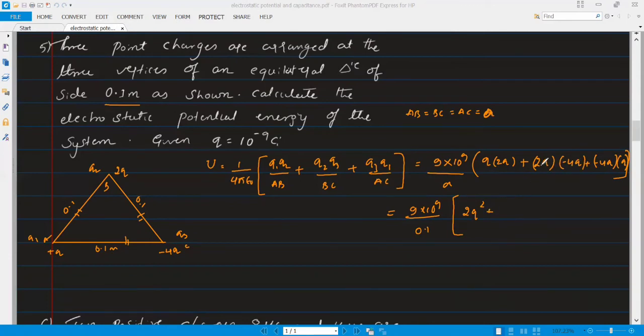Here there is plus and here minus, therefore this is going to become minus, minus 2 4s 8 Q square. Okay, next plus, again there is a minus, plus minus minus, 4 1s 4, therefore this is going to be 4Q square. Let's simplify this and see what we get.